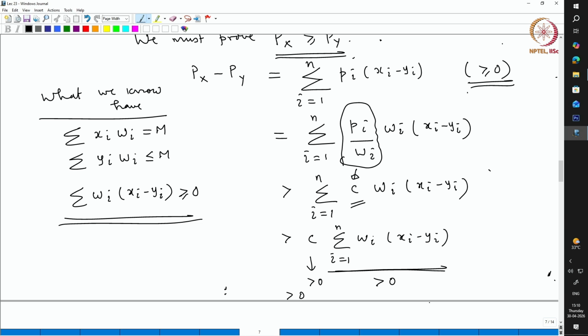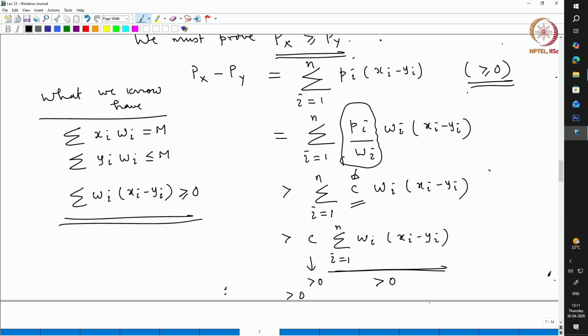Which constant will work so that I can have an inequality as outlined here? Let us see a very interesting constant that is going to work for us, and we will use that constant and complete the proof.